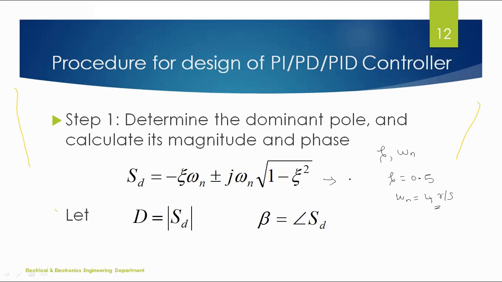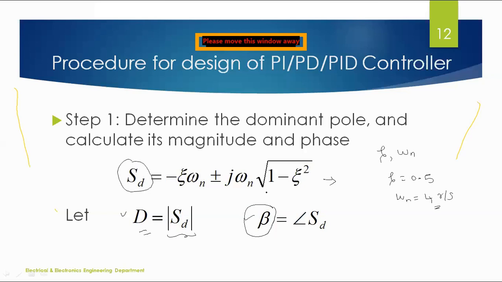From the dominant pole I calculate D and beta: D is the magnitude of the dominant pole, and beta is the phase of the dominant pole.